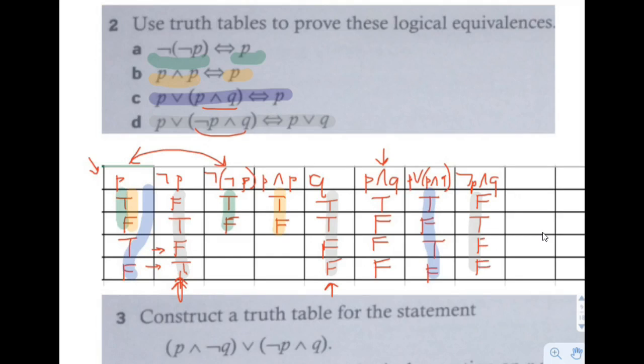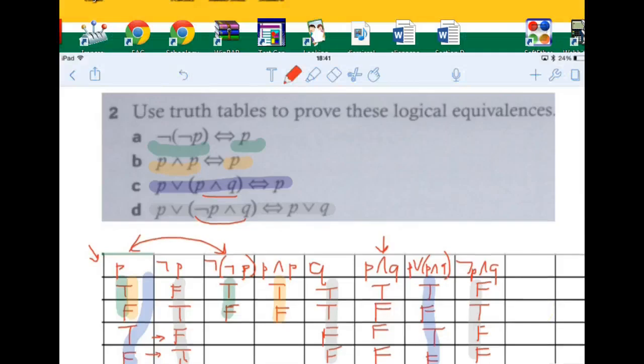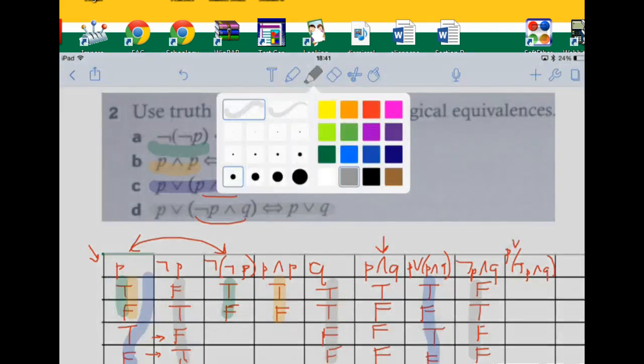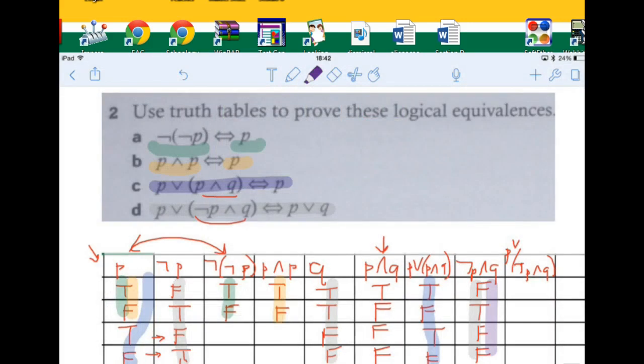Okay, and then we're going to do P or not P and Q. Okay, so we're now going to do, let's see, we're going to do this or this.